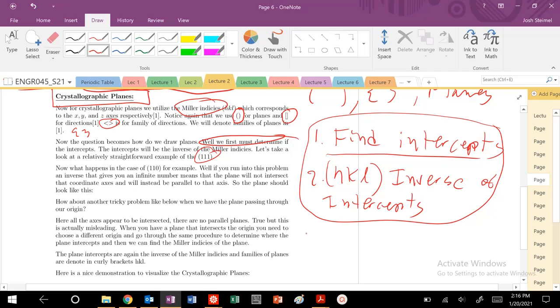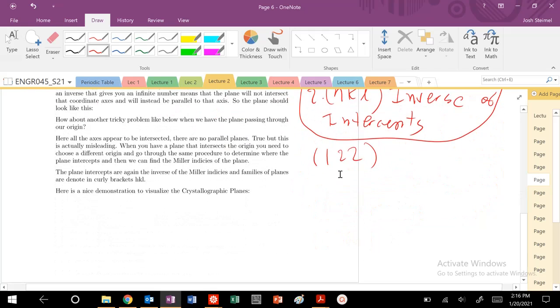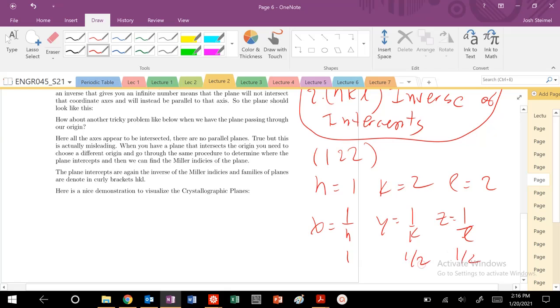Let's say that you're instead given an inverse problem. Let's say I was given the 1, 2, 2 plane. These are my HKL indices. So H equals 1, K equals 2, L equals 2. Well, I know then my X-intercept is going to be 1 over H, Y equals 1 over K, and Z equals 1 over L. So my X, Y, Z intercepts are 1, 1/2, 1/2.